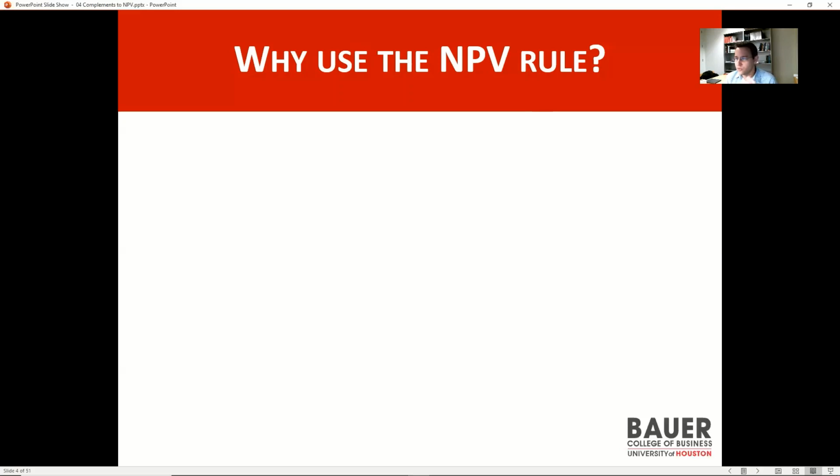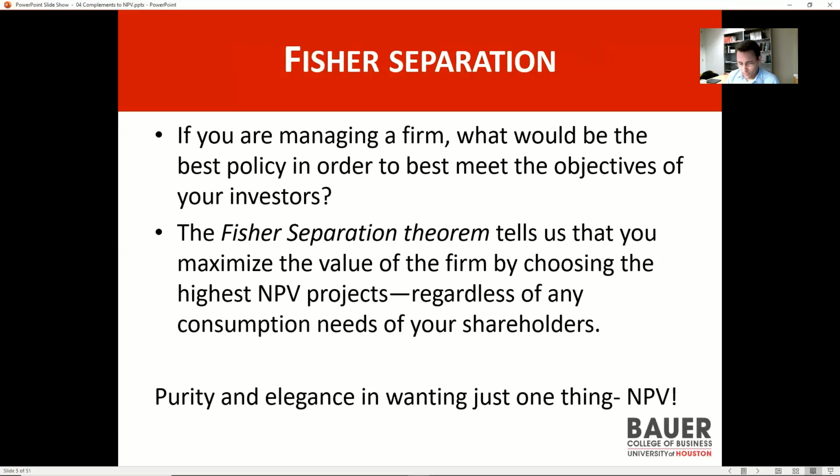All you need are those three ingredients for NPV. You need the cash flow, the discount rate, and the timing of the cash flows. If you can pin down those ingredients for a Dunder Mifflin cash flow, and you can pin down those ingredients for a SpaceX cash flow, then you can compare them and say which is worth more to you. That's the power of NPV. We get this apples-to-apples comparison.